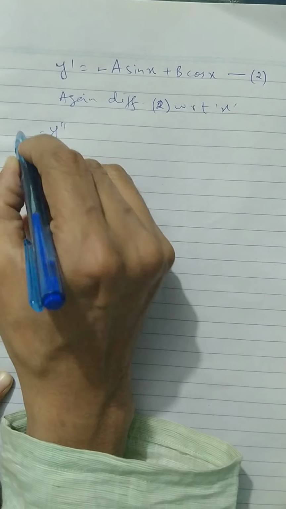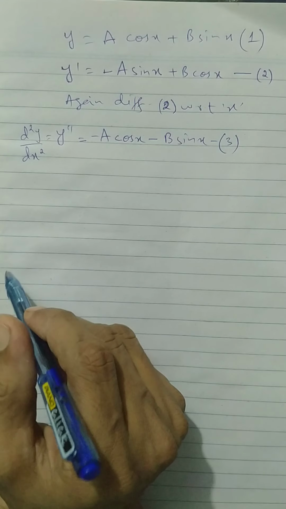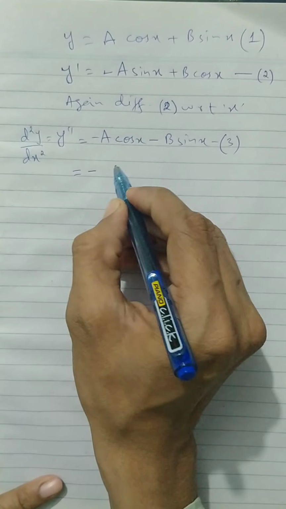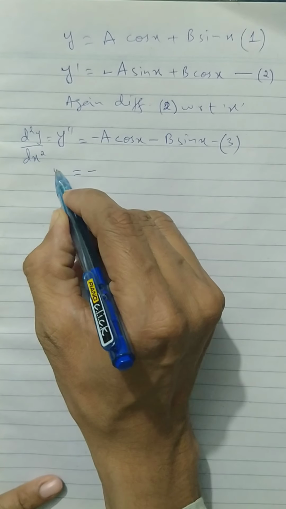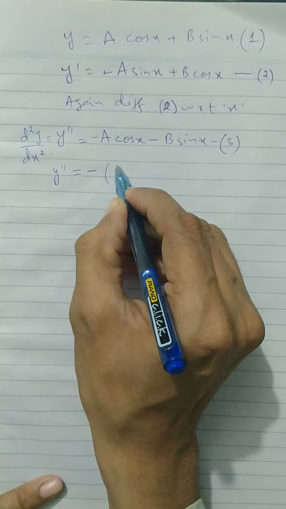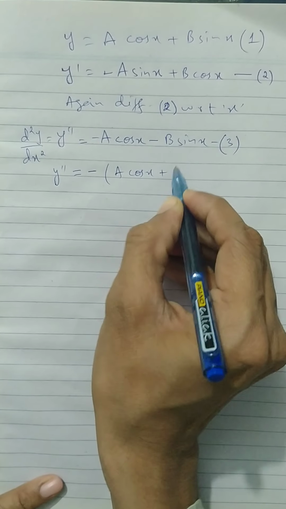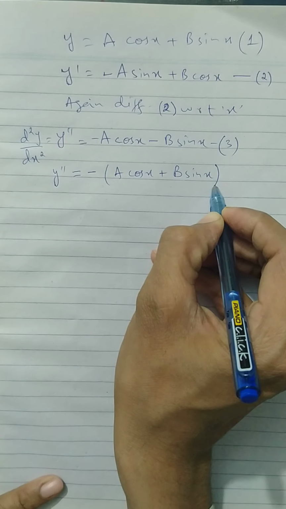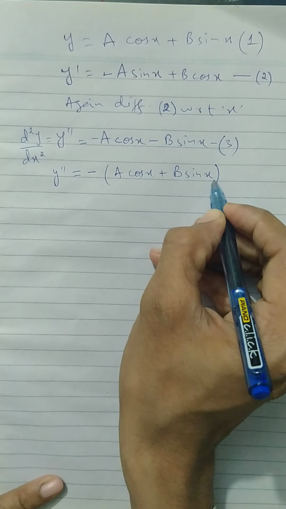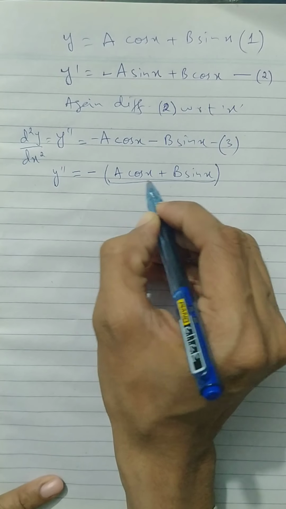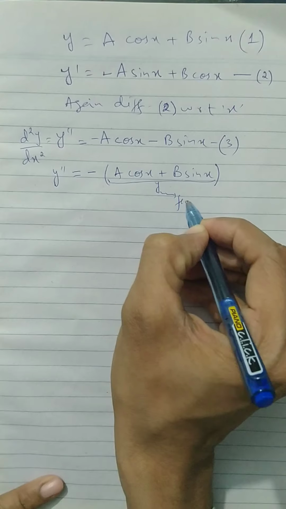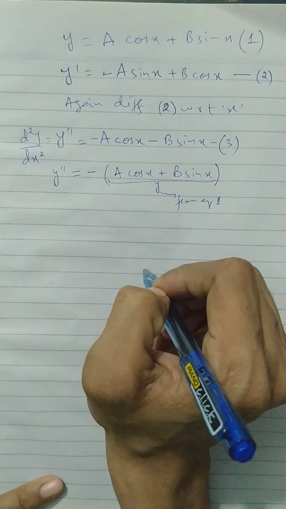So if we look closely at equation number 3, we can see that if I take a minus as common, we have minus (a cos x plus b sin x). From equation number 1, this whole part equals y.